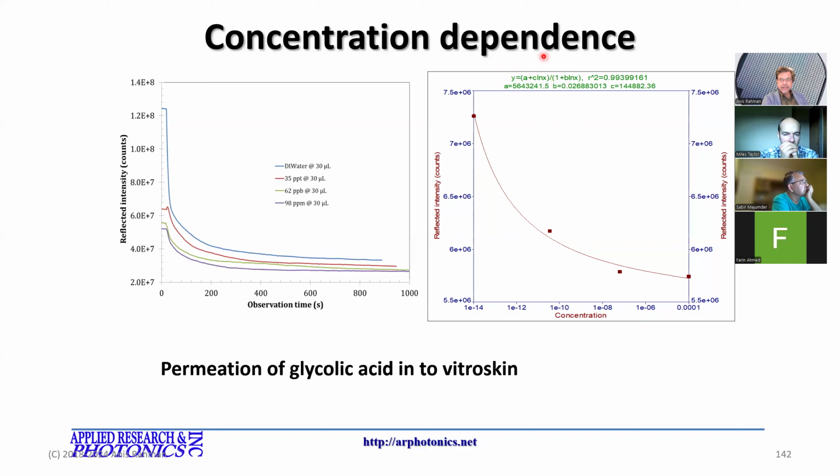So this is basically a model. If it is a linear relationship on the log scale, that can probably give you more information for the relationship between the concentration and the reflected counts. I'm not sure, I'm thinking out loud. It's possible to do that.